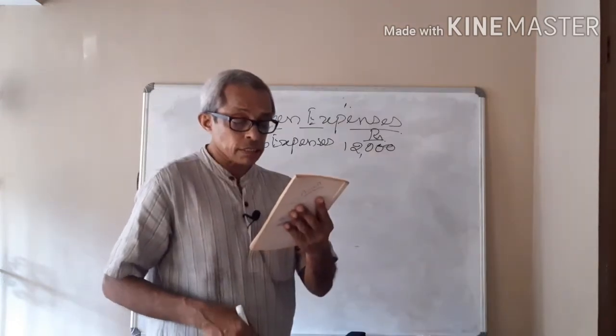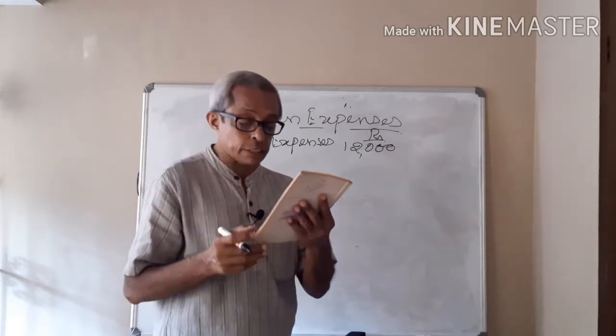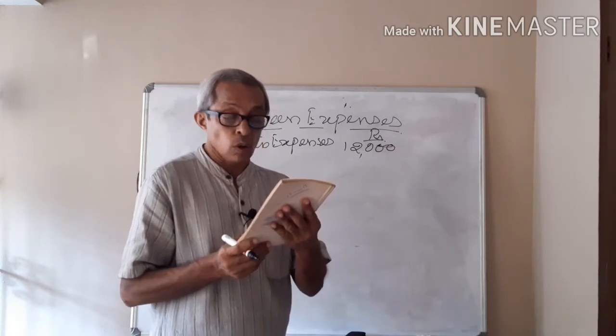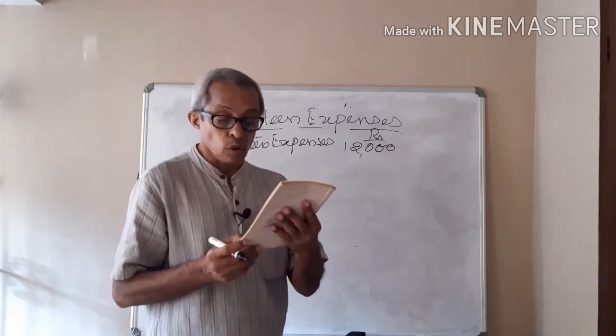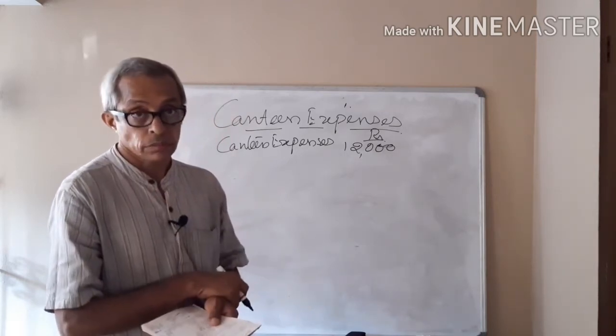Canteen expenses prepaid, that is given in the adjustment: opening date prepaid is 1000 and the closing date prepaid is 1500.